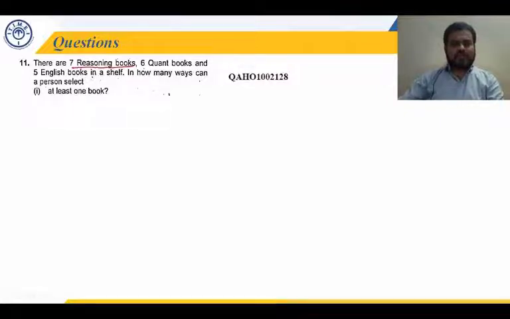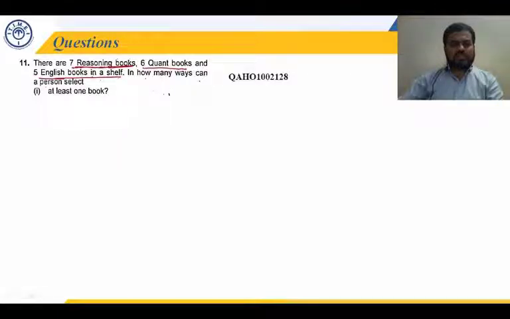So these are 7 different reasoning books, these are 6 different quant books, and these are 5 different English books. Okay. If the books are going to be identical, it will be mentioned in the question. If nothing is mentioned, then by default we'll consider the things as different. Okay. So all these books are different.